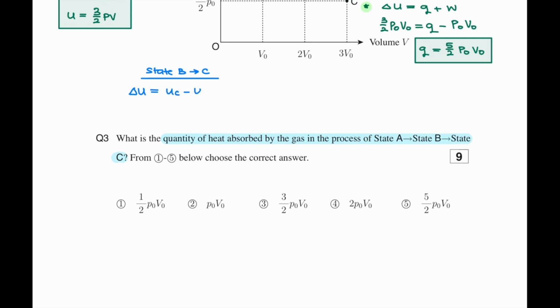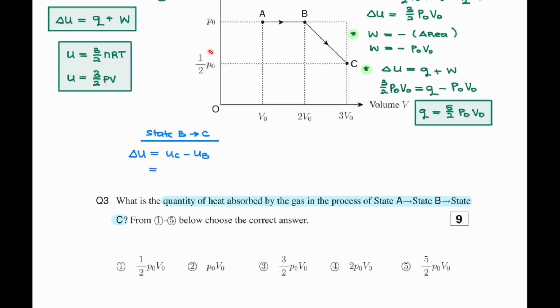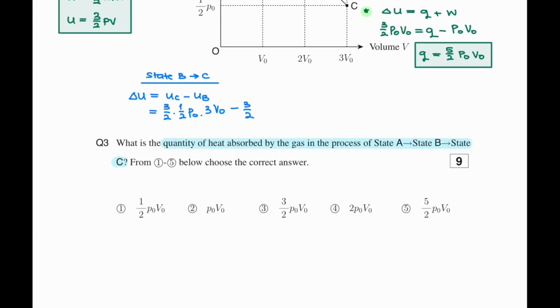UC is 3 over 2 PC VC. This is the formula. The pressure at C is 1 over 2 PO, the volume at C is 3 VO, minus 3 over 2 PB VB, which is PO times 2 VO.